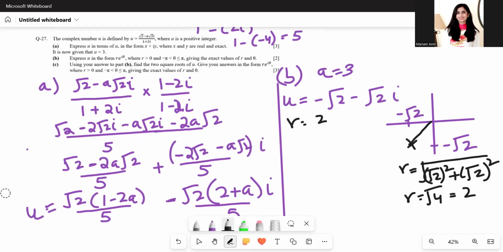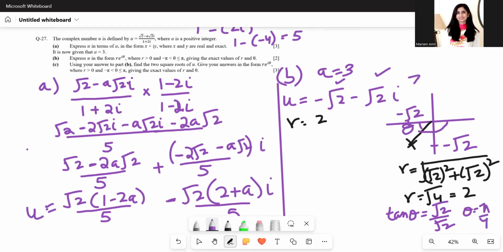And for the argument, we need this angle. It will be a negative angle. Before that, we'll find this theta and subtract it from pi and write our angle, but with a negative sign. So tan theta would be equal to y over x. So y is √2 and x is √2. We ignore the signs for this one. So tan inverse 1 would be pi by 4.